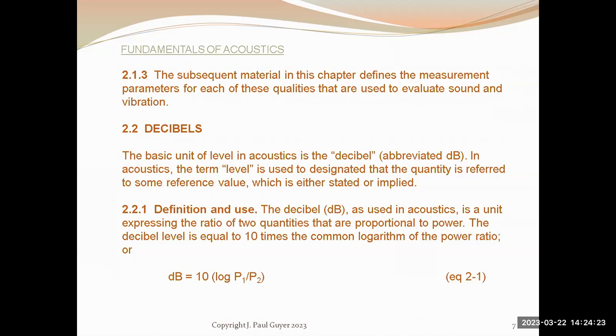In other words, it's a very quiet, barely audible sound. And so this P1 over P2 is the ratio of your actual sound pressure impinging on the eardrum divided by the reference sound pressure, which has been established as a standard to represent the sound that is just barely perceivable by the young human ear.